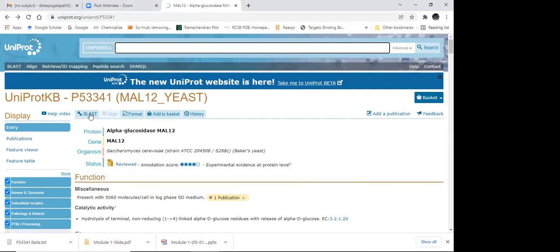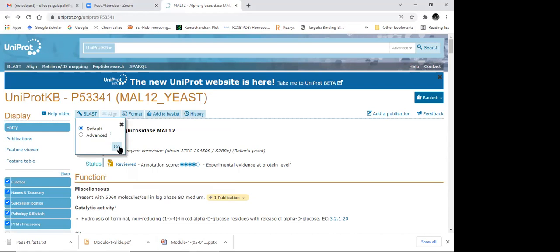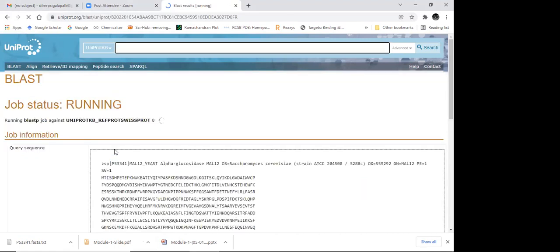It will take a few minutes for identifying the best template. This BLAST search is for identifying templates. We know the query, but we want to know about the template. So we are searching the best template for the alpha glucosidase. It will take a few minutes to give the results.